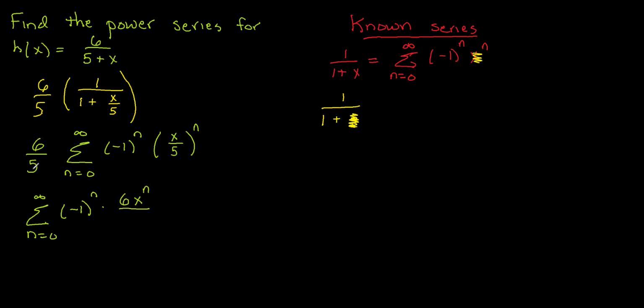And then down in the denominator, I've got 5 times 5 to the nth power. And that's a little bit awkward to write, so I might just write 5 to the n plus 1. So 5 to the n plus 1. And that's what I would present as my final answer.